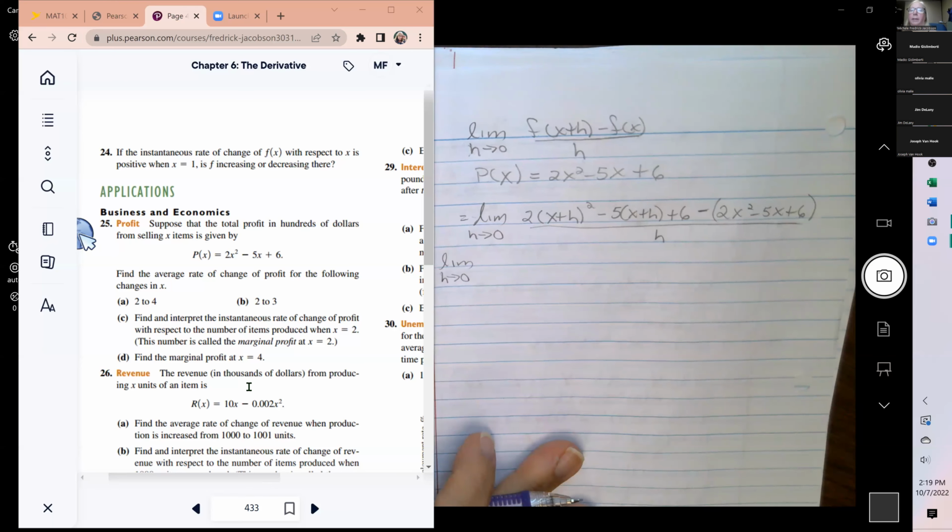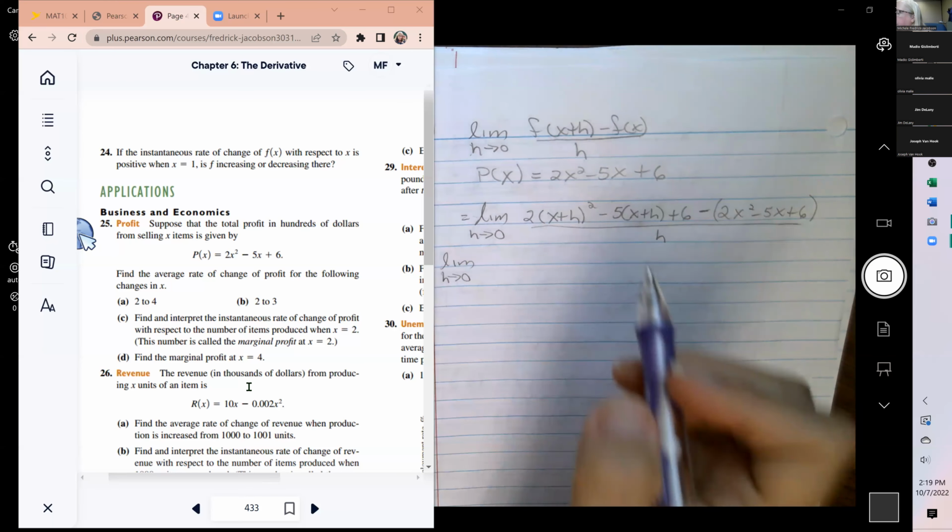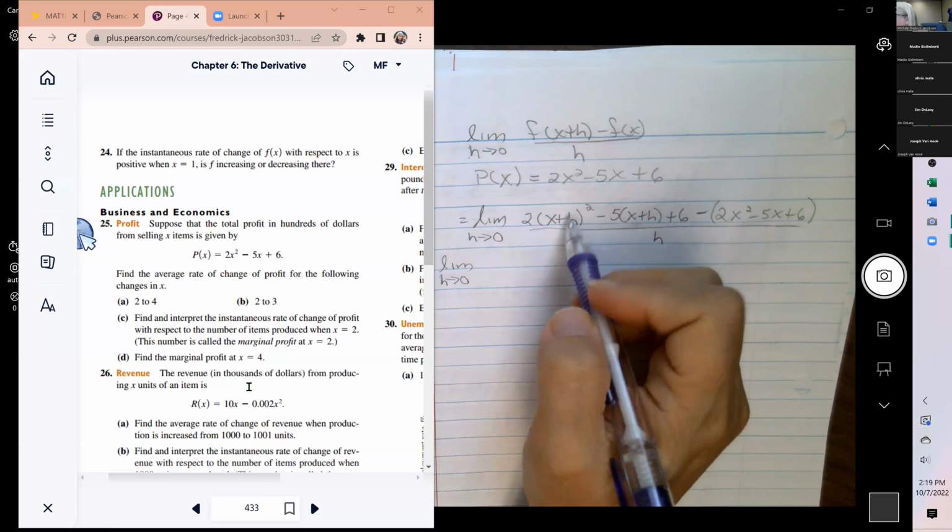Any questions plugging it in? Now we need to multiply this. Remember, this is being FOILed.